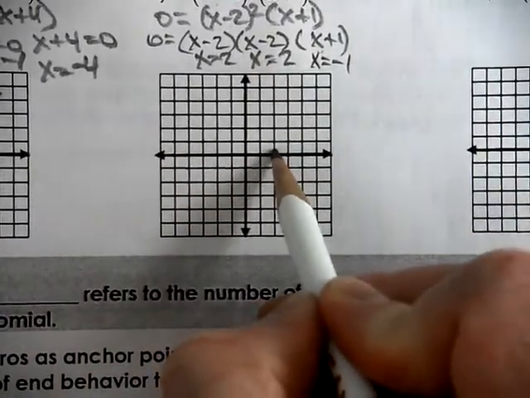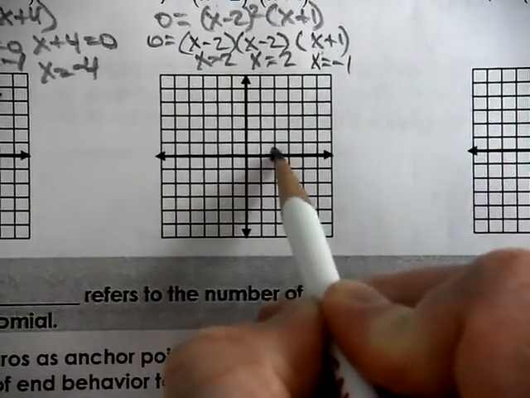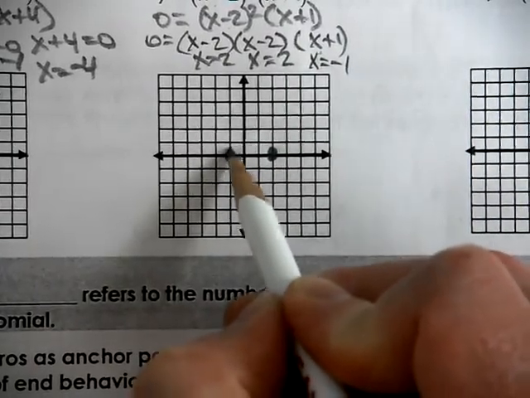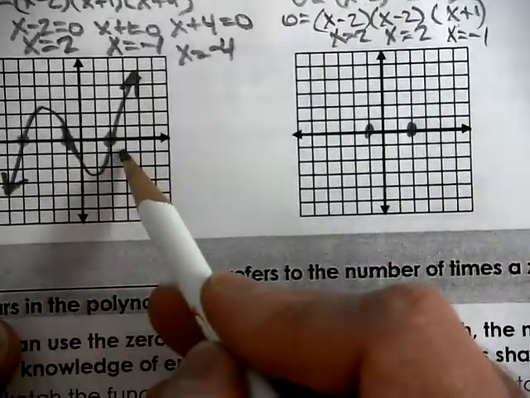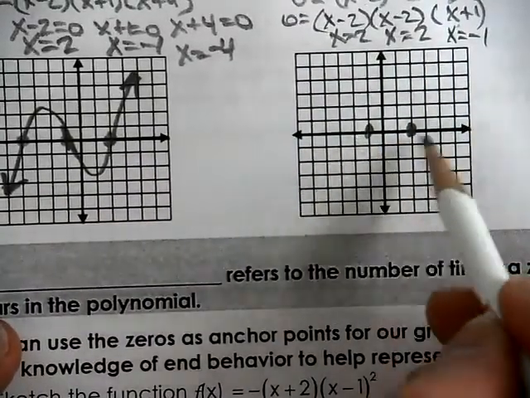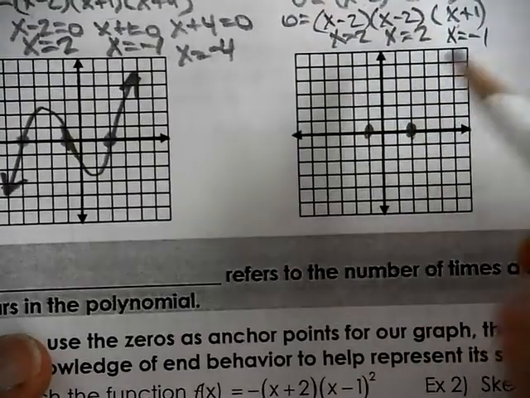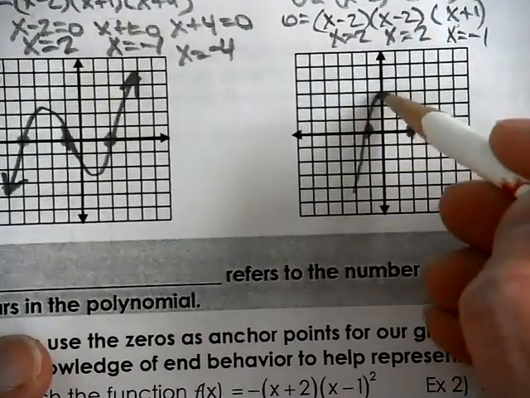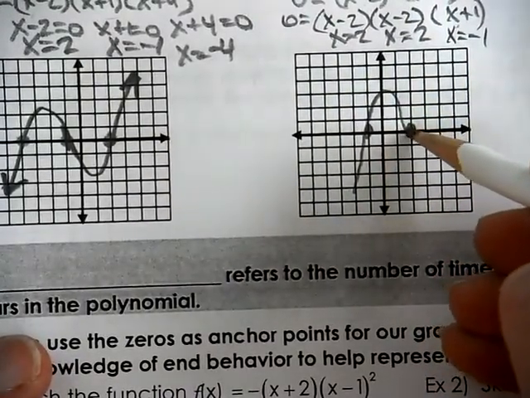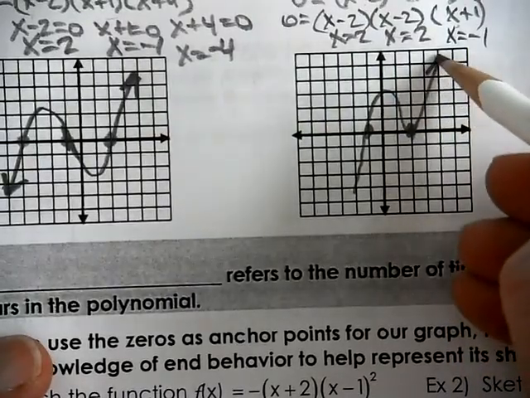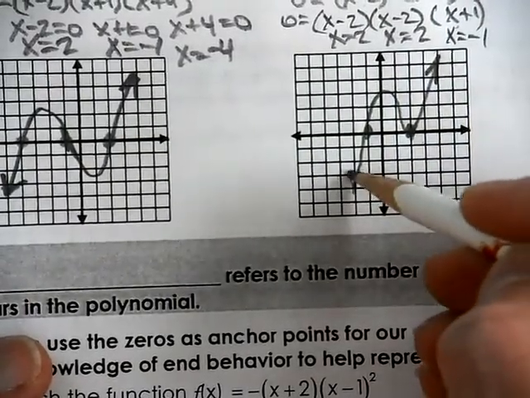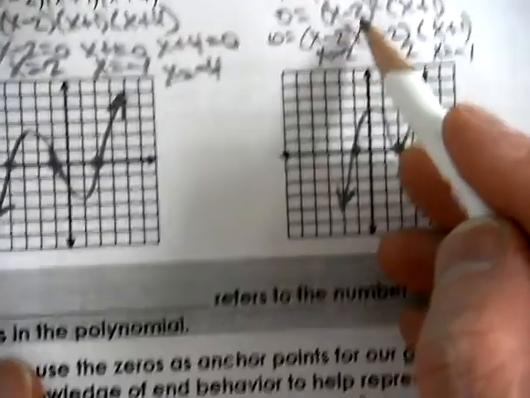So we're going to cross at 2, and we're going to cross at -1. Notice that this graph here had 3 different zeros. This one only has 2 different zeros, but this is considered a double zero. So we're expecting the graph to come up, it's going to hit that, and it's going to bounce the other direction. It bounces if the factor is squared.